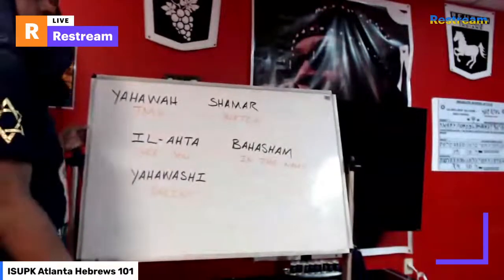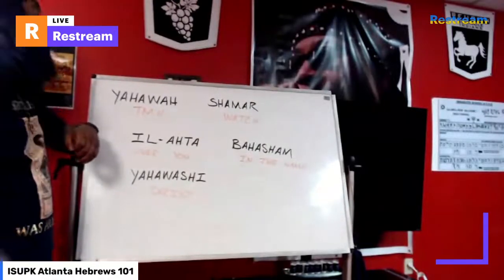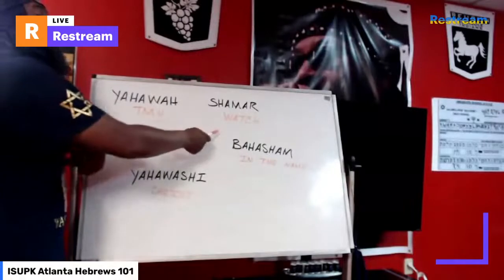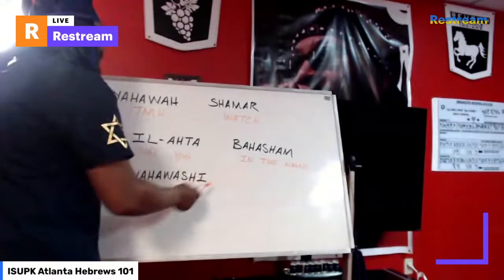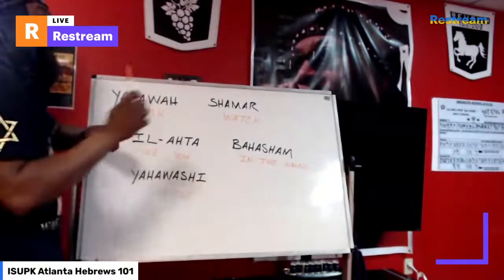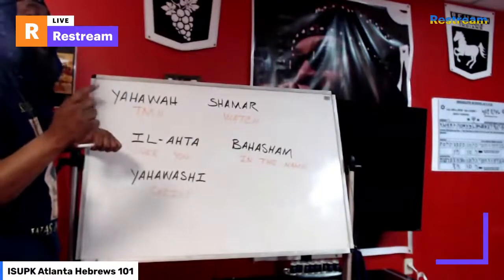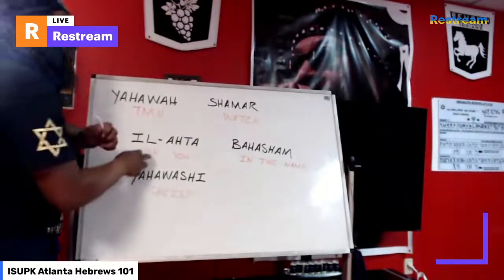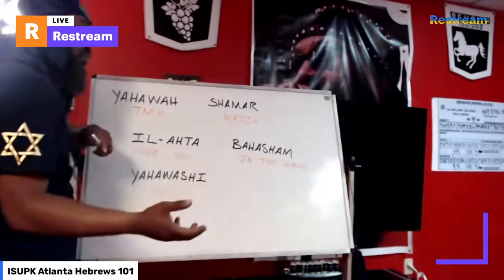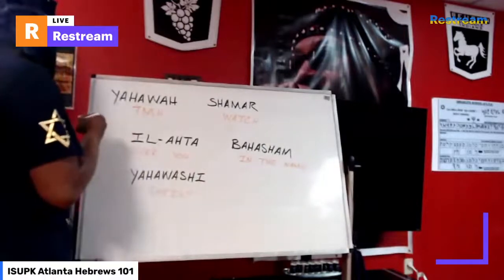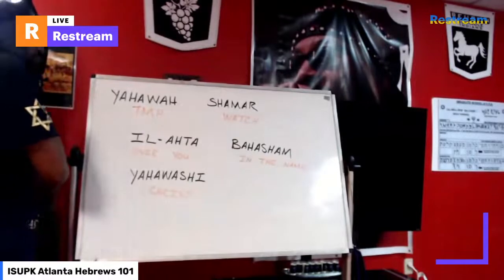Now let's try this out again. So now here's our salute. Yahweh, Shamar, Al-Athah, Bahashem, Yahweh Shai. Now, here's something we should always do for the brothers as well. Remember now, I'm coordinated.